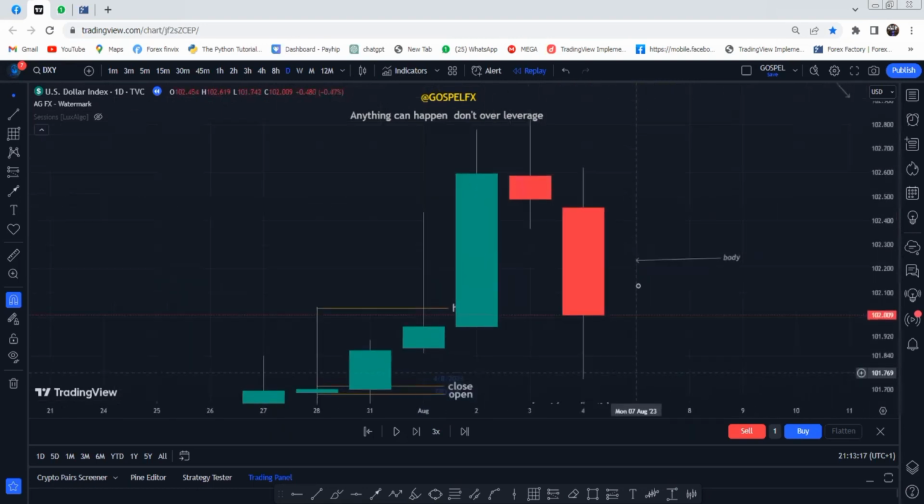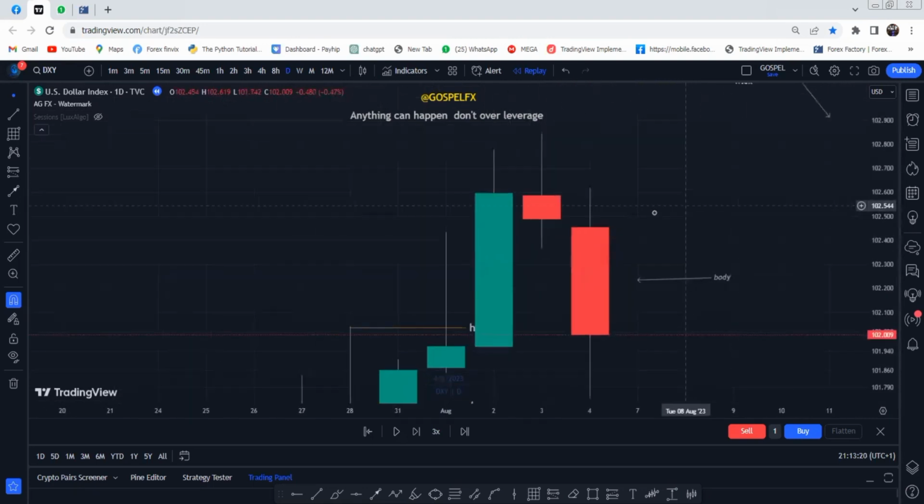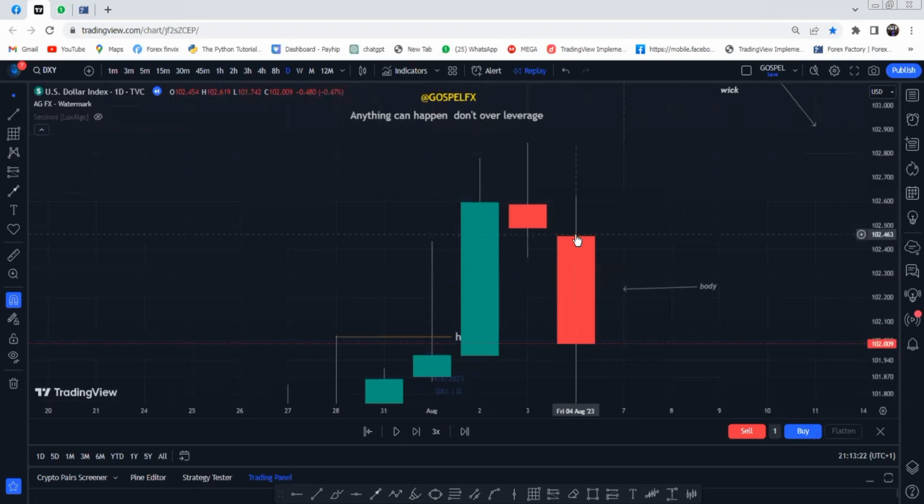Now if this is a bearish candle and I ask you what the opening price is, you should get a figure from here, and let's draw a line from there. The opening price of this candle is 102.454. And where did it close? Bring the line down, or use your cursor and point it here, and you will notice that it is at 102.000.